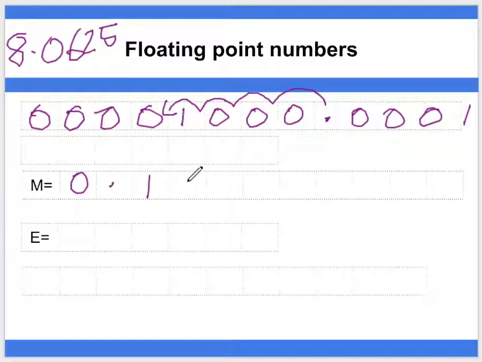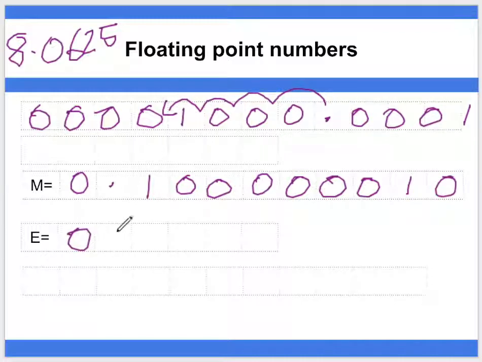Then my 1, 2, 3, 4 is going to be written as 0, 0, 0, 4, 2, 1. And there is my final answer for the normalized floating point version of 8.0625. So I hope you got on all right with that.